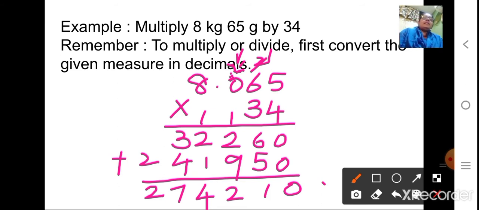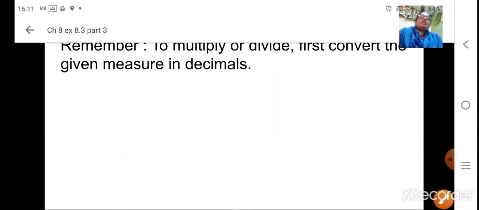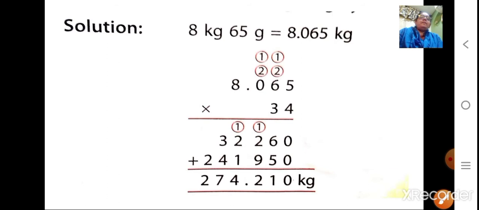Now we have to place the decimal point. So after 3 places, that is 1, 2, 3, put the decimal point. So your answer is 274 kg and 210 gram. You see the solution here in this slide? Carry out the multiplication and then in the end you place the decimal point.